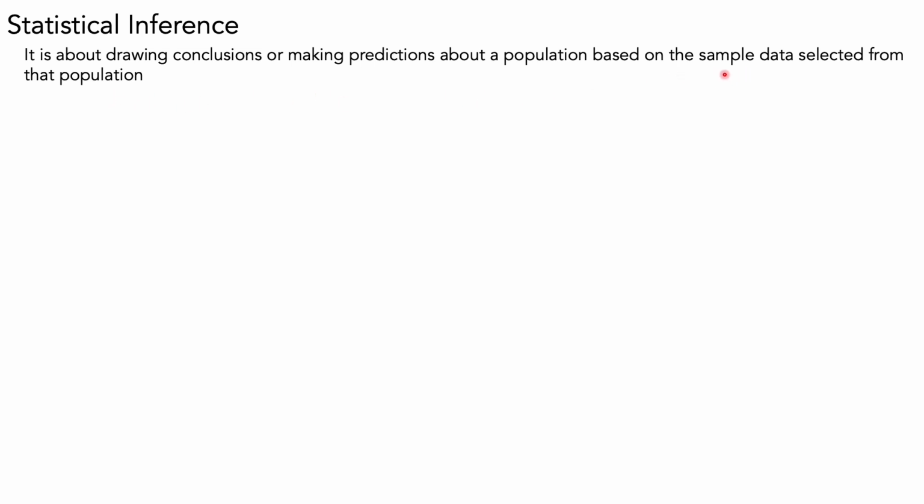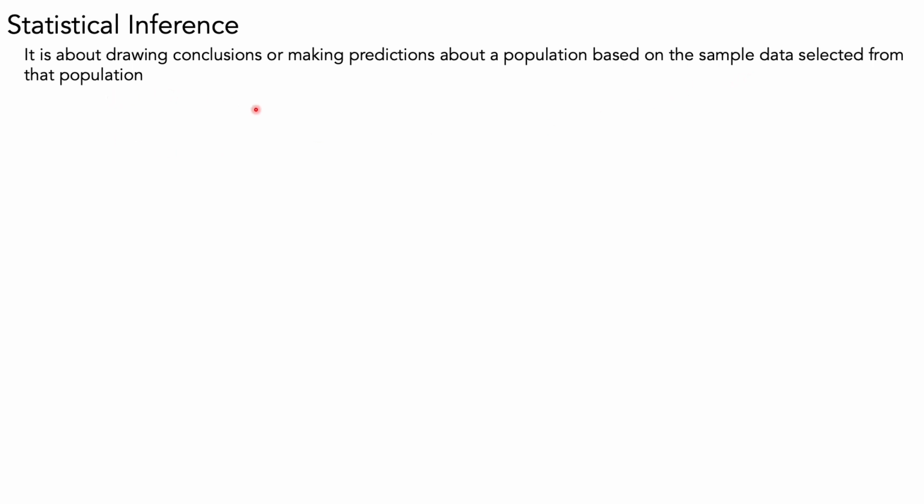We call that sample data, and on the basis of this sample data we draw conclusions and make predictions about the population. This is called statistical inference. In simple words, from a whole large population we select some samples, make the measurements we are interested in, and then we generalize for the whole population.